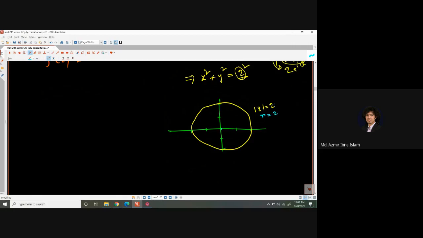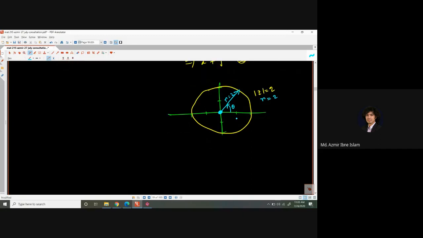That means from the origin to any point on the circumference, the radius is 2. And this is the polar angle, argument theta. Since we have the circle, what values can theta take?